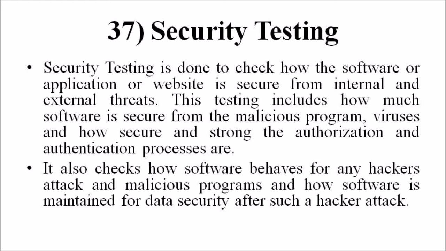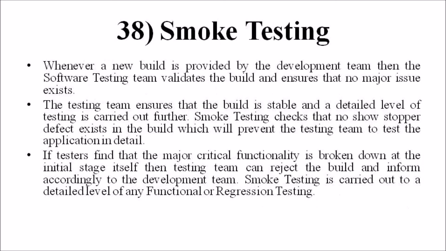And the next mode of testing is smoke testing. Whenever a new build is provided by the development team, the software testing team validates the build and ensures that no major issue exists. The testing team ensures that the build is stable and a detailed level of testing is carried out further.